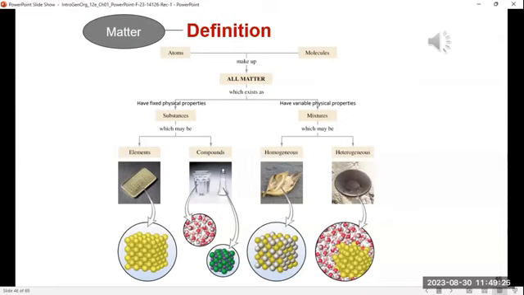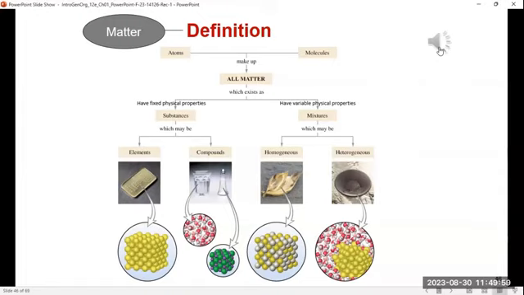All matter is made out of pure substances and mixtures. Substances have only two types, elements and compounds. Elements have only one kind of atom. We're going to look into that in chapter 2. Compounds have more than one atom, like sodium chloride, water.